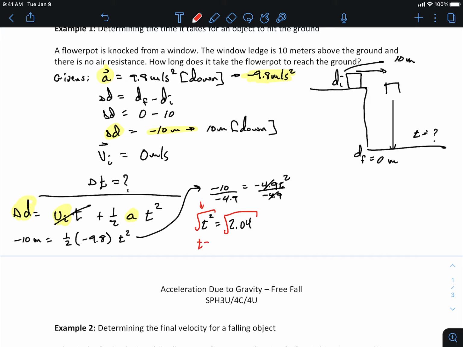And so t is going to equal the square root of 2.04, which equals 1.42. And so this is how long it takes for the object to hit the ground.